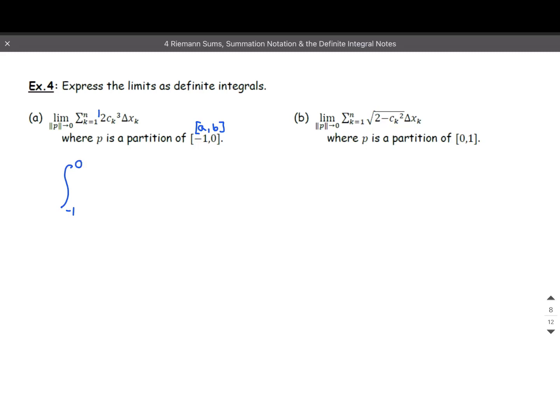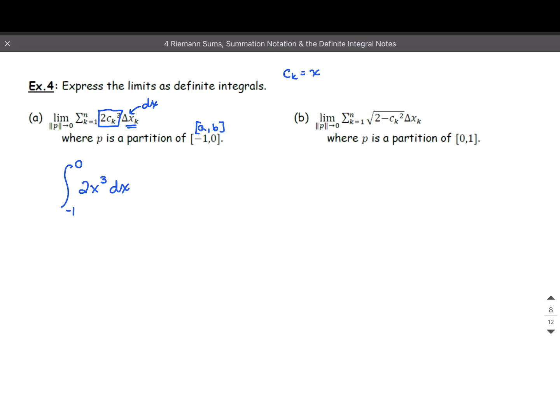We need to find f of x. The delta x, remember, is our dx. Everything else here, 2c sub k cubed, that's part of the f of x, but they plugged in c sub k. So the function was 2x cubed. Every place there's a c sub k, remember your c sub k are all the different x values, okay? And then the delta x becomes your dx. That's it, right? The integral notation is much simpler.